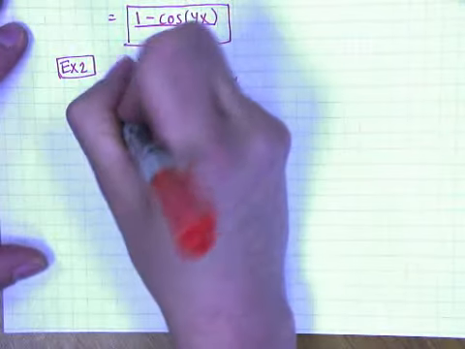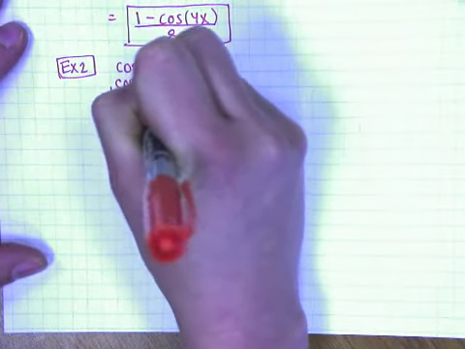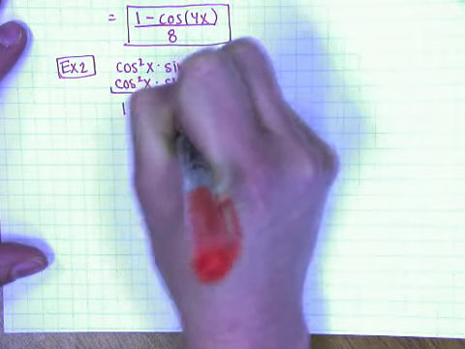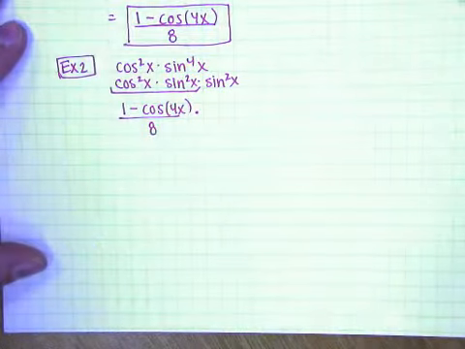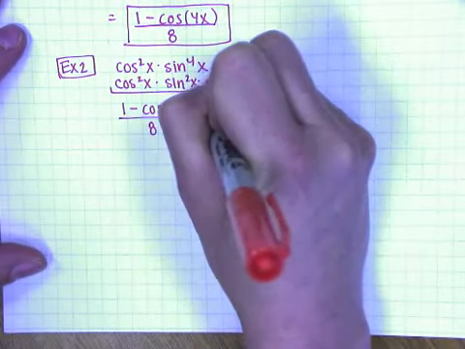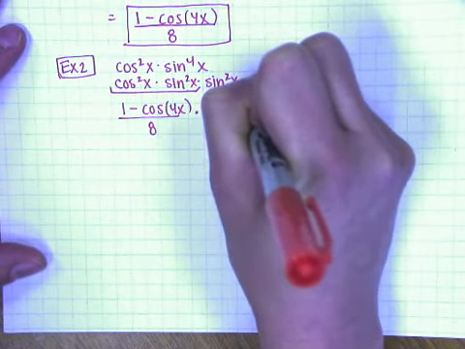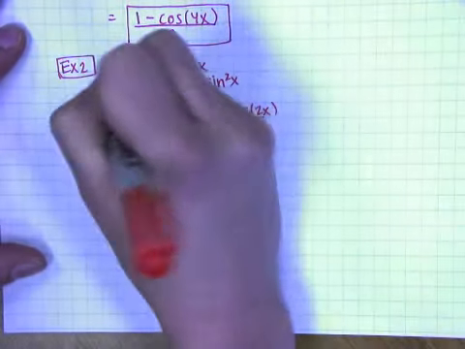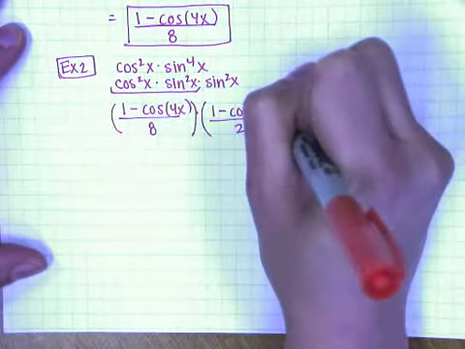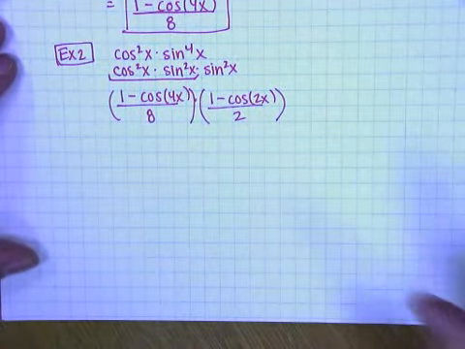So if I were to sub that in, I have 1 minus cosine of 4x over 8. Sine squared, I can use my power lowering formula, so that's 1 minus cosine of 2x over 2. When I substitute, I need to make sure to put parentheses around these because I'm going to have to FOIL.